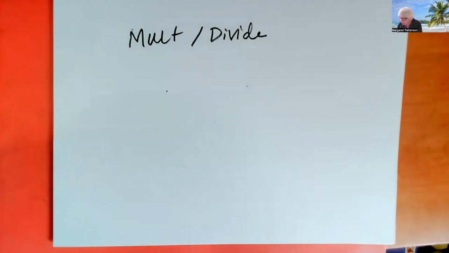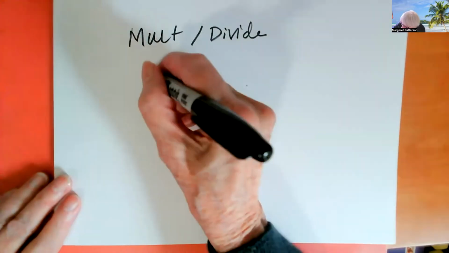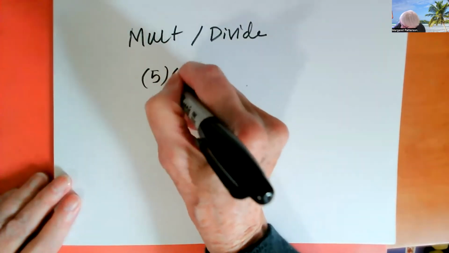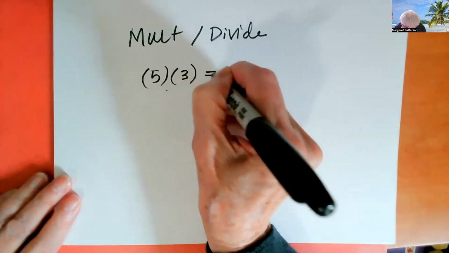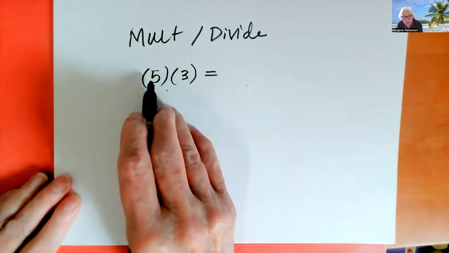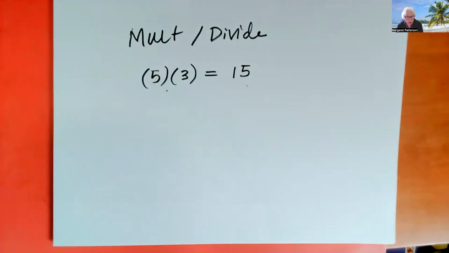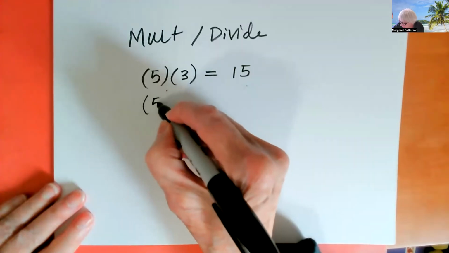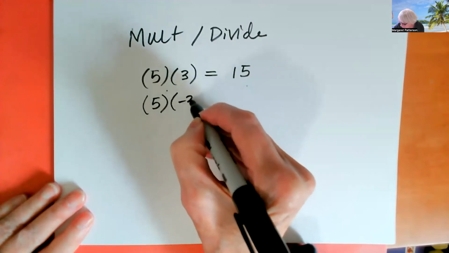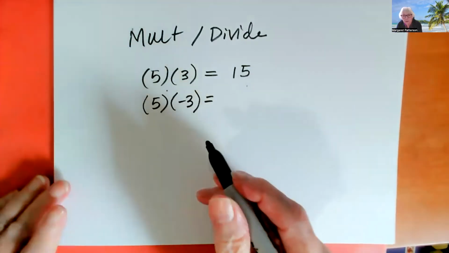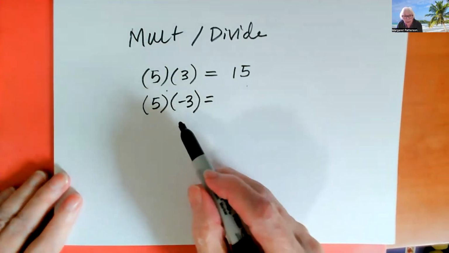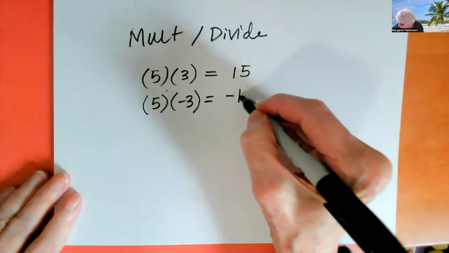So I want to do some multiply problems. I have a 5 multiplied by a positive 3. So a positive times a positive is a positive, and that's the way it's always been. But if you have one positive and one negative, you end up negative.